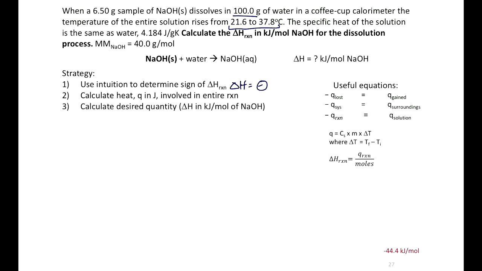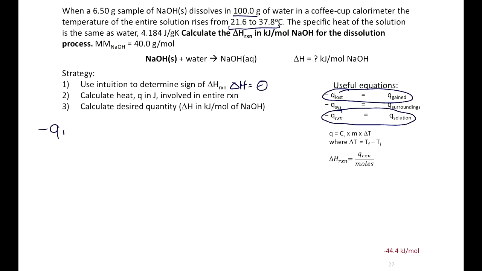Okay, so the next strategy is we need to figure out, based upon our observations, how much the temperature of the water rose, and how much Q was involved in this reaction. These are useful equations. Recognize that heat lost somewhere is gained somewhere else. So we're going to say the heat that is gained by the solution is lost by the reaction.